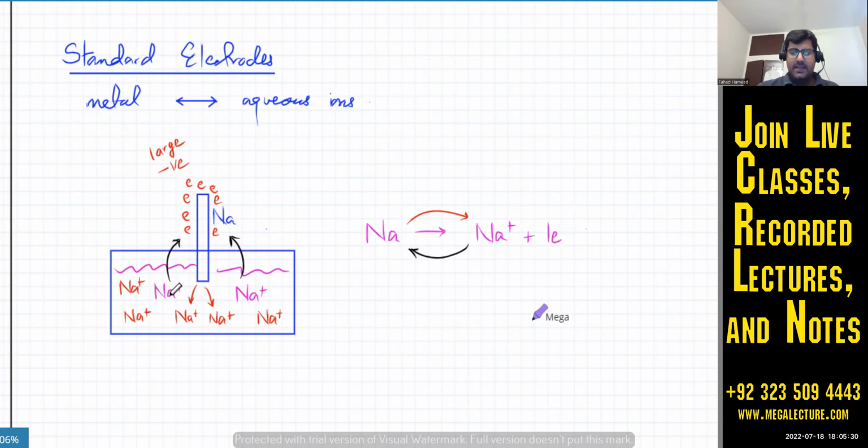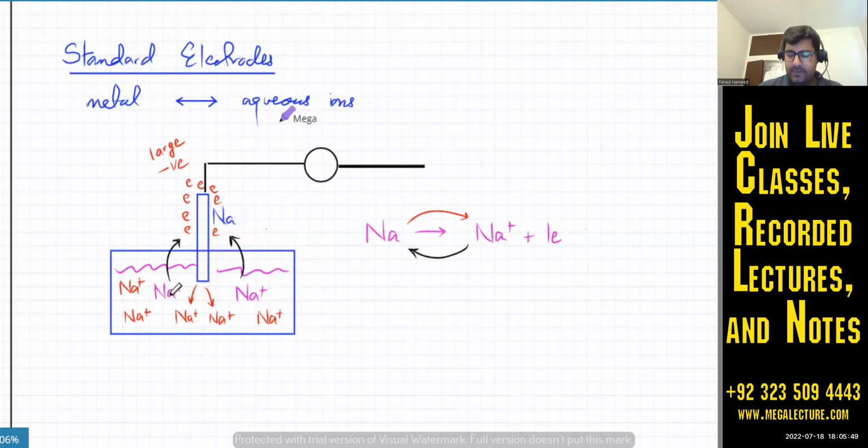So what do you do at this point? You take a voltmeter and attach that voltmeter to ground or earth, or any reference point. We'll talk about the reference point later on. So you attach it there and you measure the voltage.